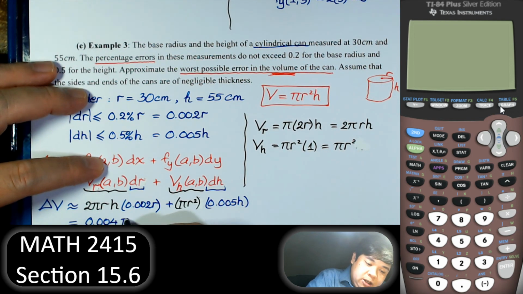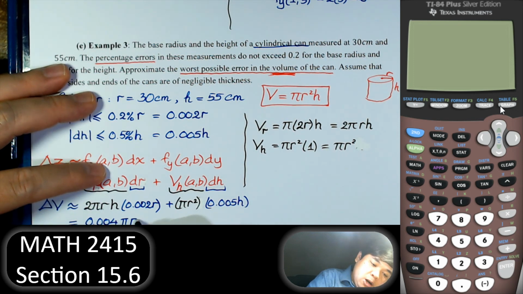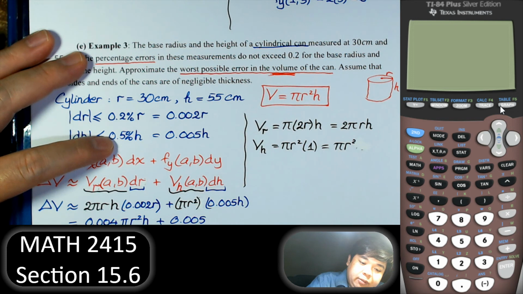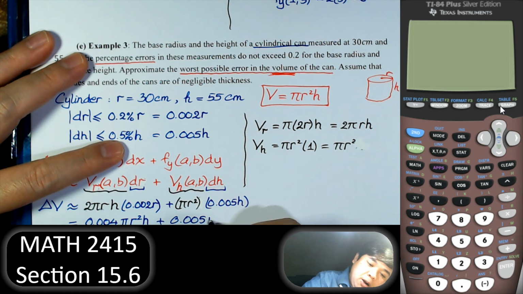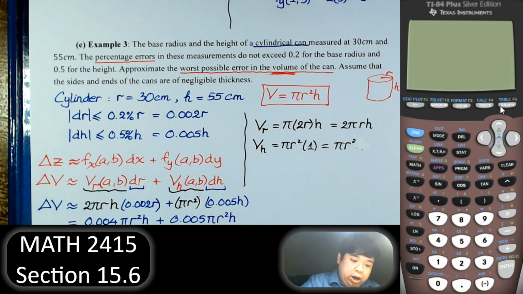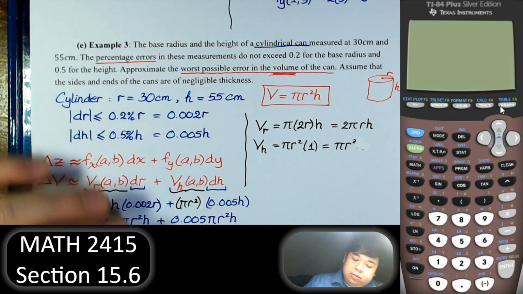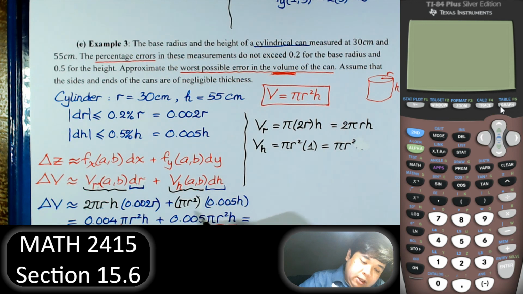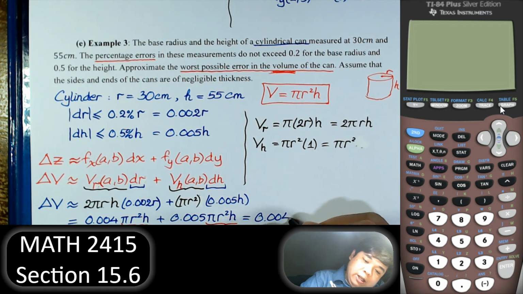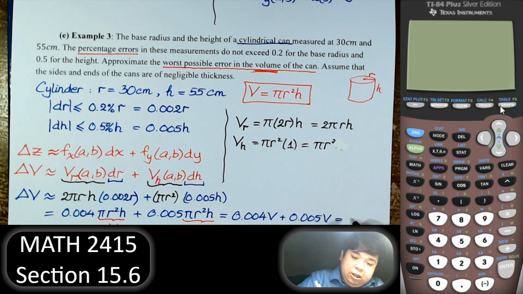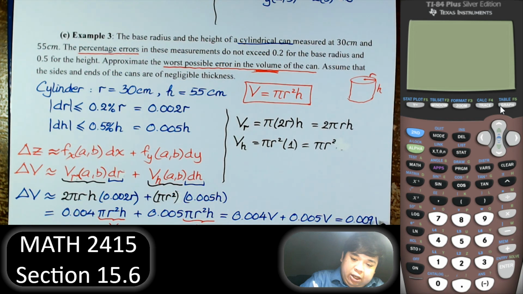And then we have pi r squared h. And then here we have 0.005 pi r squared h. What we see here is pi r squared h is V. So we have 0.004 V plus 0.005 V is 0.009 V.